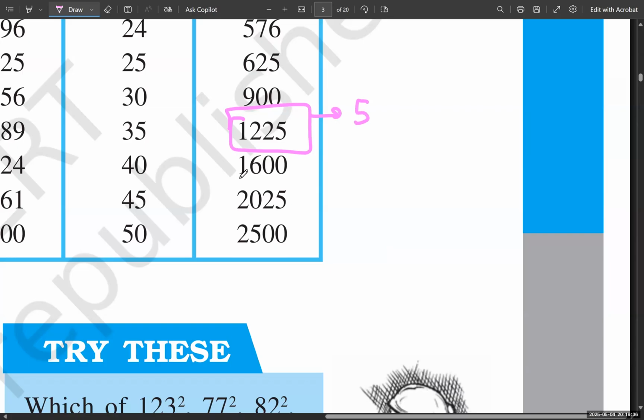Okay. What is in the ones place of this number? I couldn't hear it at all.